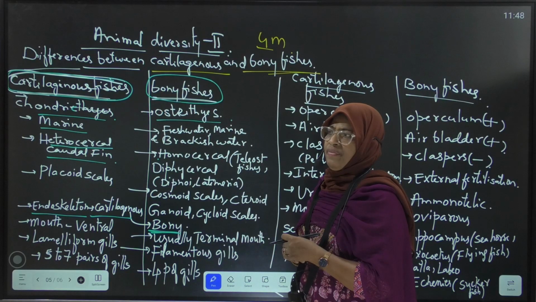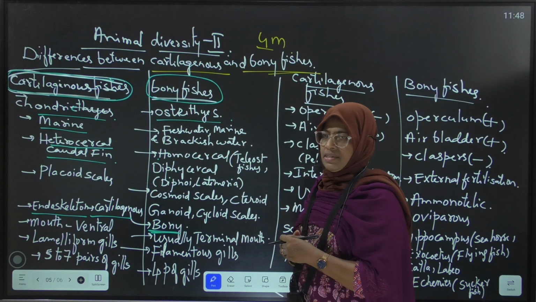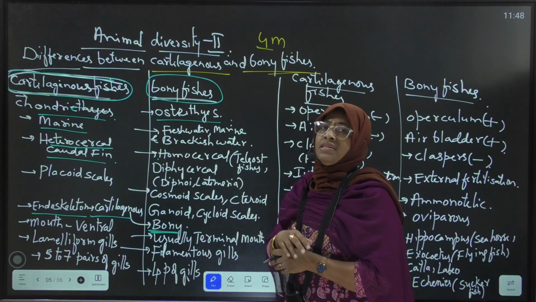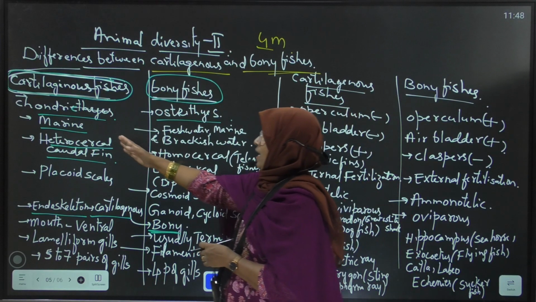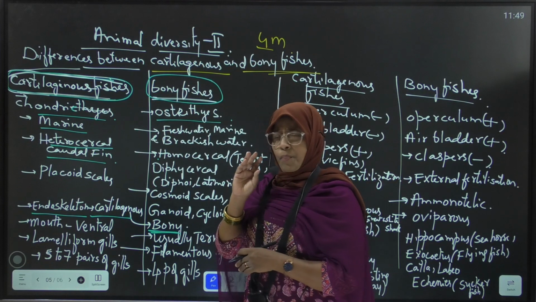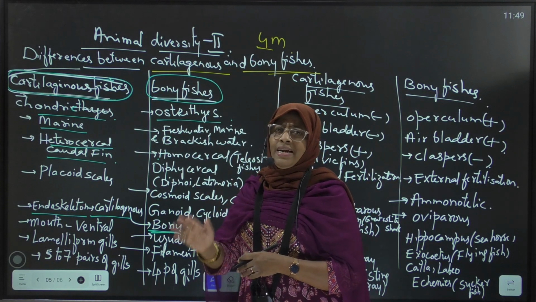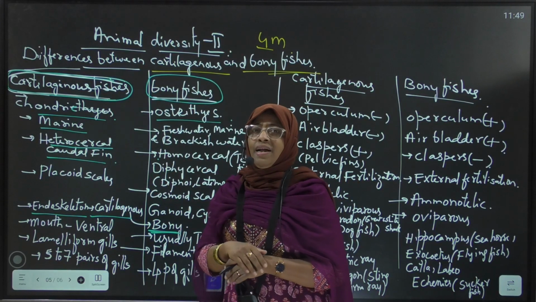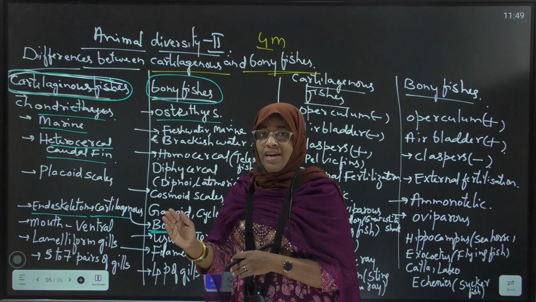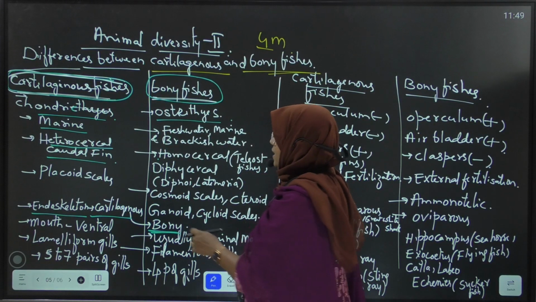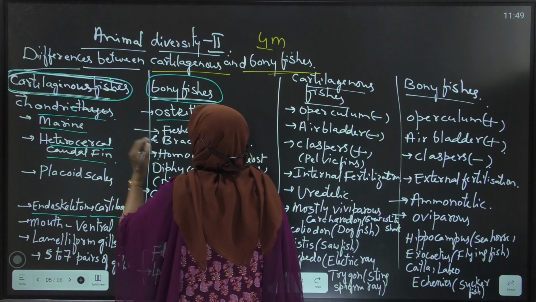A heterocercal caudal fin means this caudal fin is both externally and internally asymmetrical. Hence it is called heterocercal caudal fin.